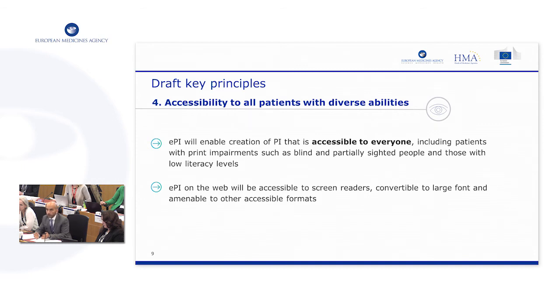But if you don't want to listen to me, then at least put everything under one single key principle that says what are the possible advantages that we know of at this moment.